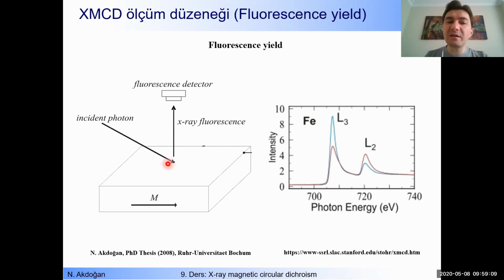But I'm not dealing with electrons within that type of measurement. I just deal with the fluorescence X-rays that leave the sample. So here we have a fluorescence detector, which is waiting for the fluorescence X-rays coming from the sample, okay? And as a function of the energy, if you repeat the measurement, you can get this type of signal. Here we have intensity, the number of fluorescence X-rays coming to the detector.